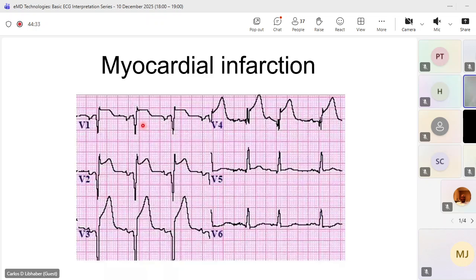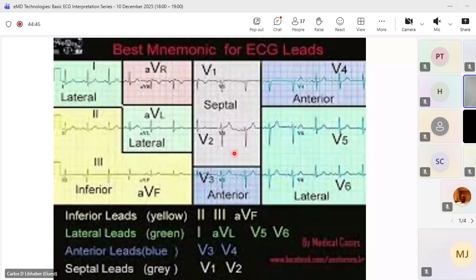But ST elevation in V1, V2, V3, V4, and a bit in V5, which means it involves the septum, the anterior and lateral segments, which is definitely the left anterior descending.